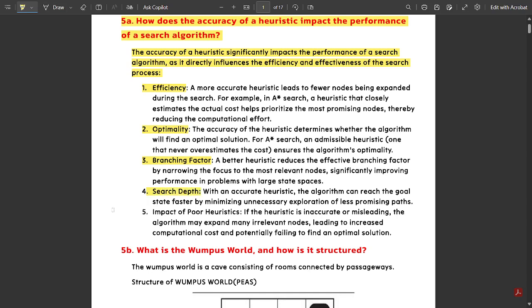Next is search depth, that is, how many steps or levels are required in a particular search algorithm. With an accurate heuristic approach, the algorithm can reach the goal state faster by minimizing unnecessary exploration. For example, if you take going from Arad to Bucharest, what are the unnecessary things you do by taking the long path?